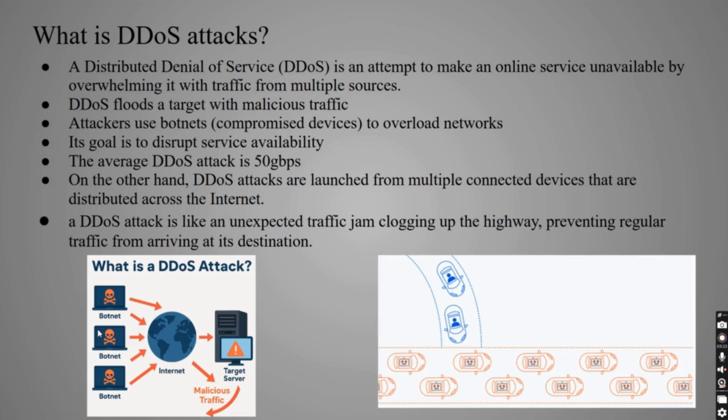Machines can include computers and other network devices such as IoT devices. A DDoS attack is like an unexpected traffic jam clogging up the highway, preventing regular traffic from arriving at its destination. This picture depicts it.